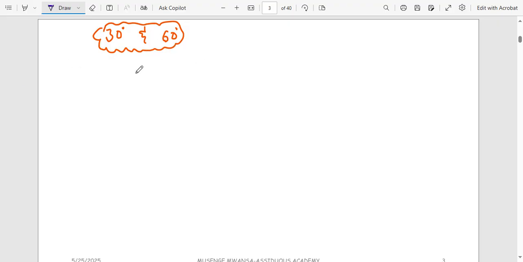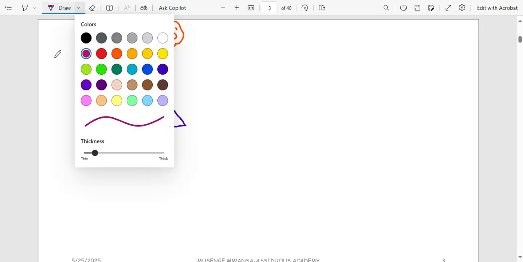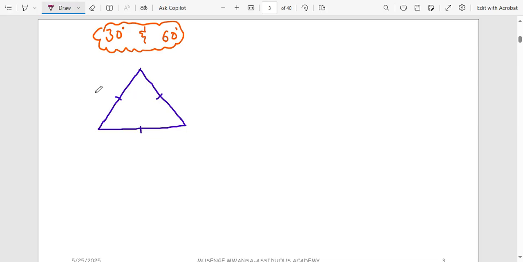Isosceles is the one which has two equal sides. Here we use what we call an equilateral triangle, a triangle that has all the sides the same. So this side is the same as this side, which is the same as this side. For this triangle, you take each side to be 2 units.